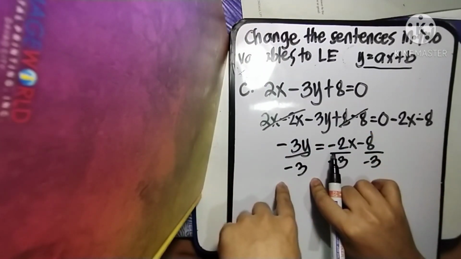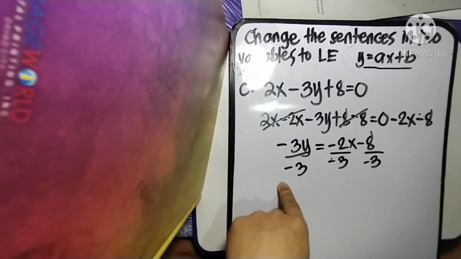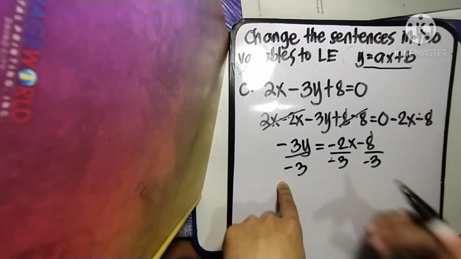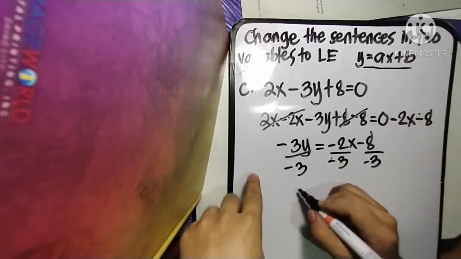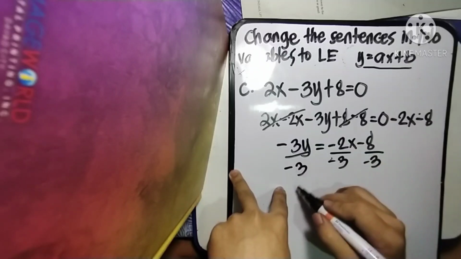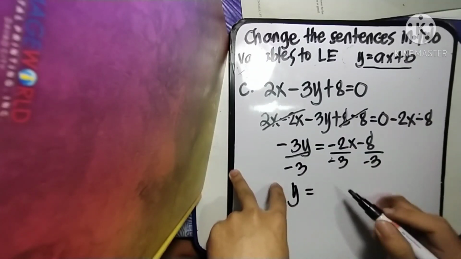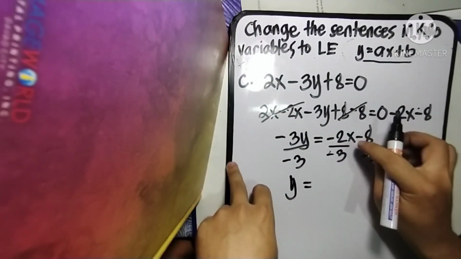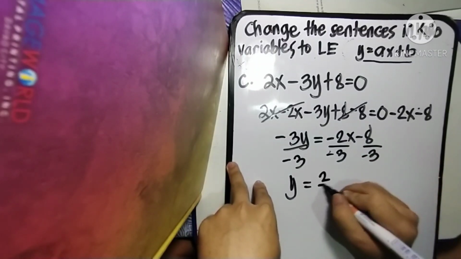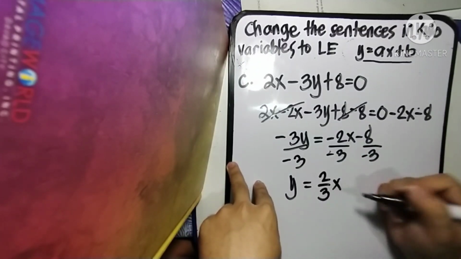Negative 3 divided by negative 3, based from the rule of integers, negative divided by negative, that is positive. So that is positive 1 times y is y. Okay, next is negative 2x divided by negative 3, that is positive 2 over 3x.